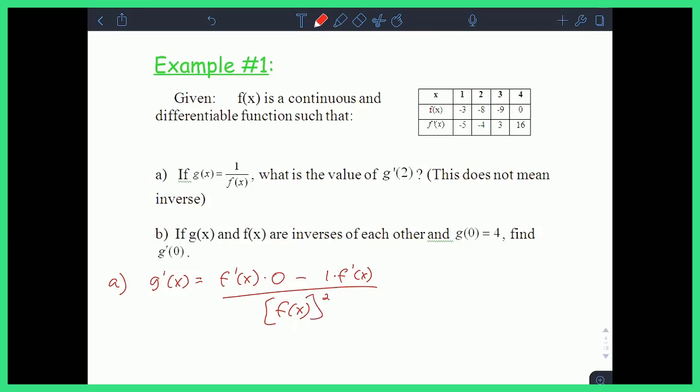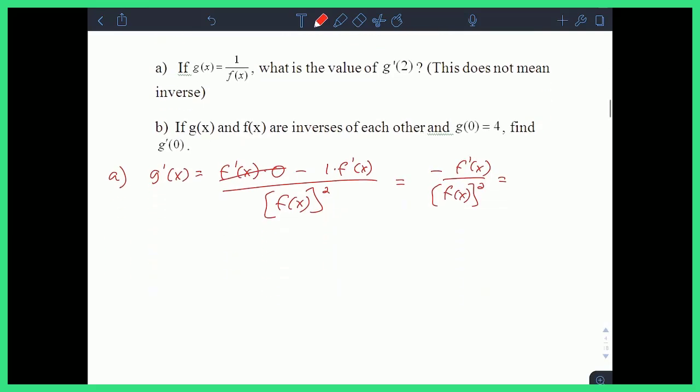So it looks a little something like that. So this makes 0, so that's pretty nice. So this is equal to negative f prime of x over f of x squared, which if I plug my values in, well, actually we'll just do it in the next line as to not get confused. We're now finding g prime of 2, which is equal to negative f prime of 2 over f of 2 squared, which is equal to, I'm going to use my tables now.